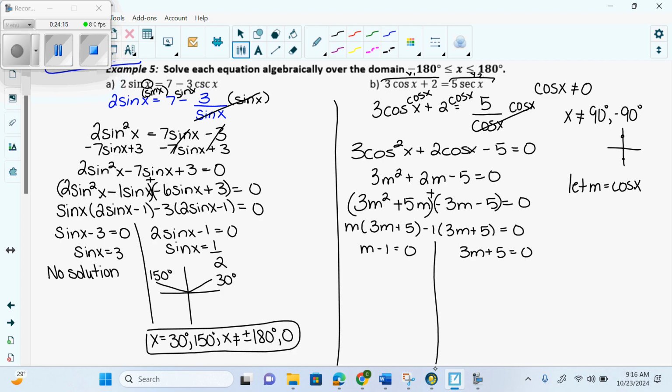M equals 1. Cos x equals 1. And m equals negative 5/3. What's the catch with negative 5/3? Is negative 5/3 smaller than negative 1? Yeah, so what kind of solution are you going to get?